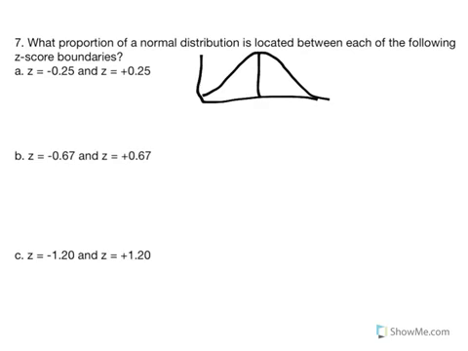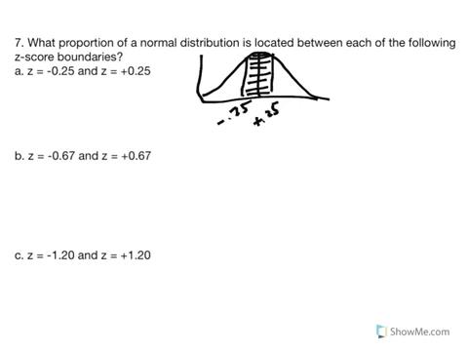So again, we're talking about the area between a negative 0.25 z-score and positive 0.25. Again, it's the entirety of this proportion of the normal distribution.